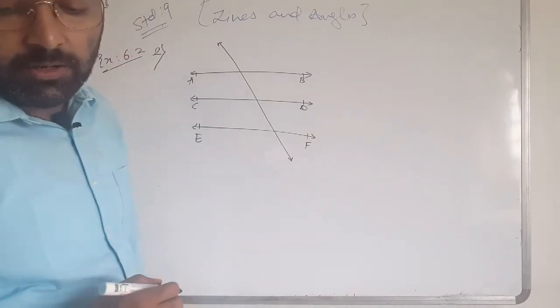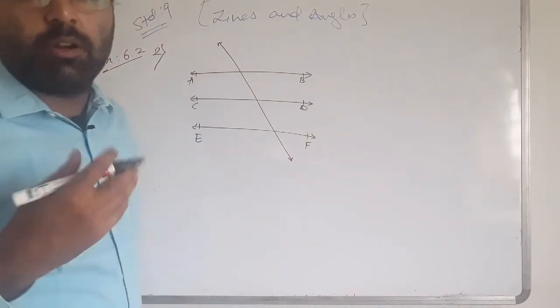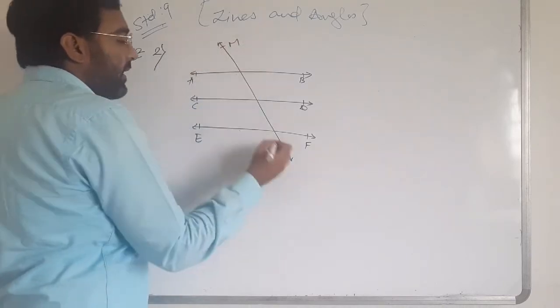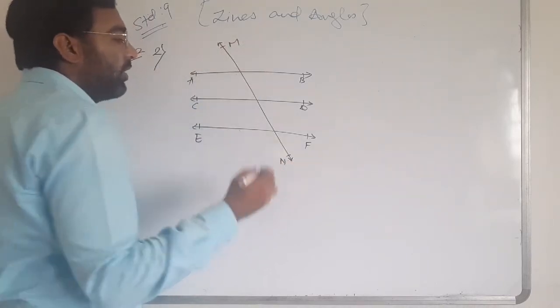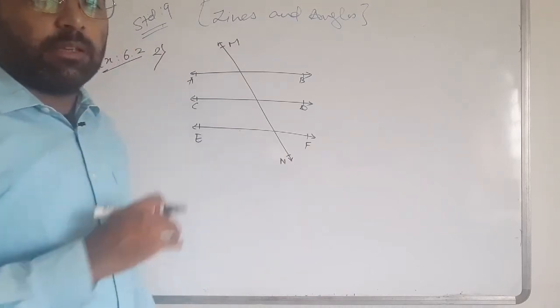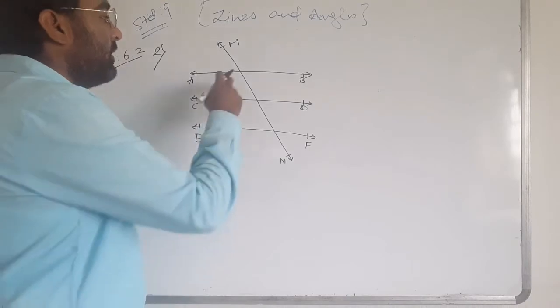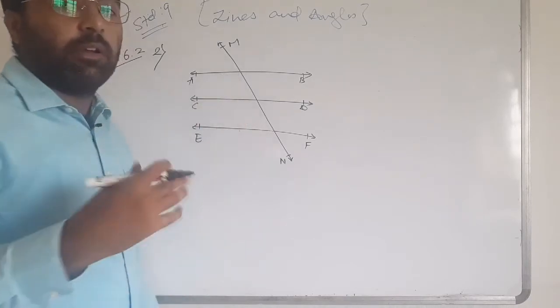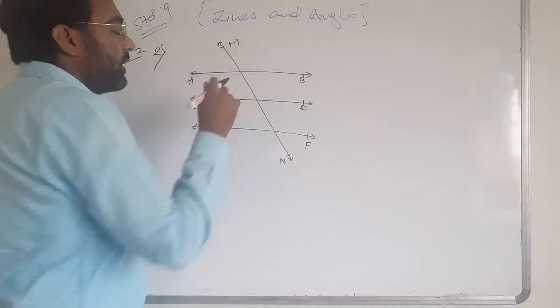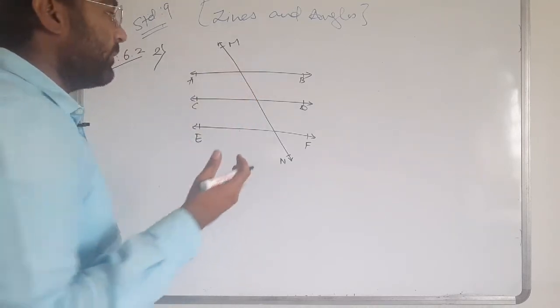The transversal is not named, therefore we give it the names M and N. The intersecting points are also not named, so we have to give them names too.